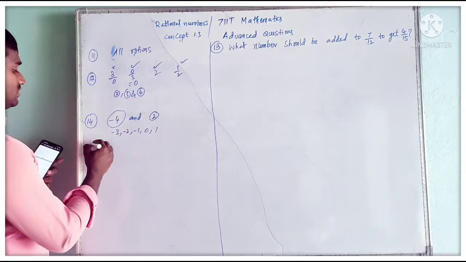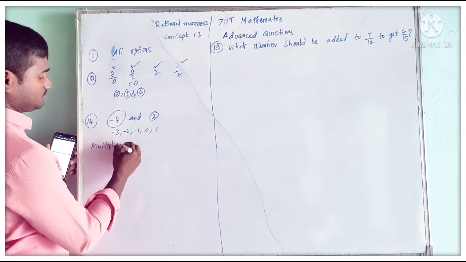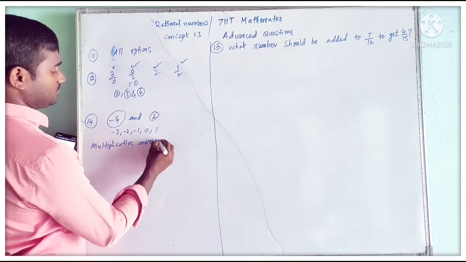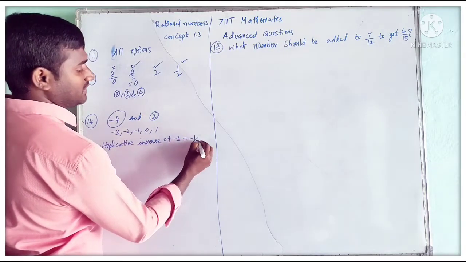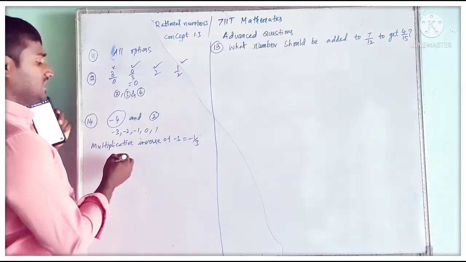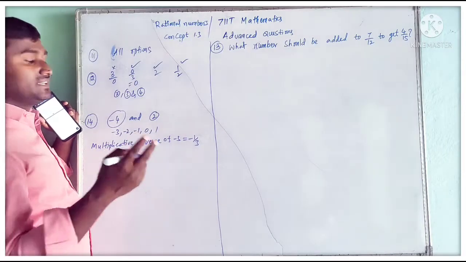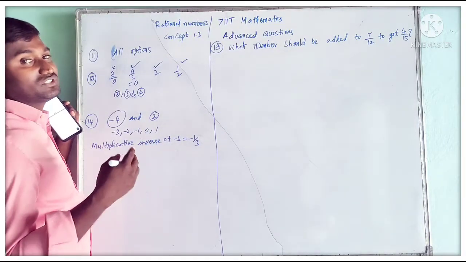Multiplicative inverse of minus 3 equals minus 1 by 3. If the product of any two rational numbers is equal to 1, then each of the rational numbers is the multiplicative inverse of the other.